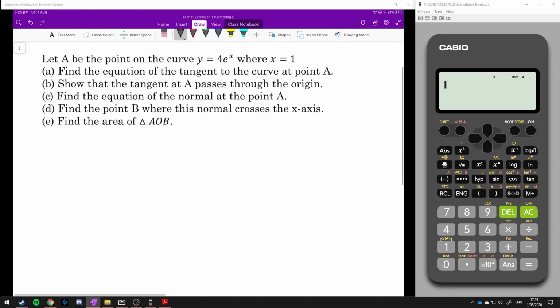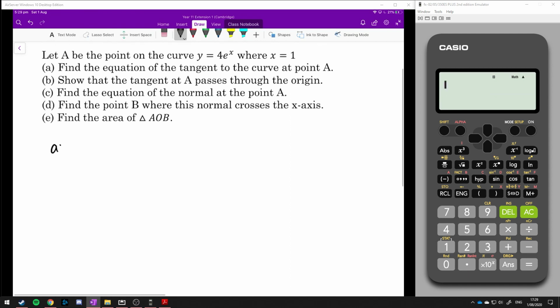So let's have a look at part A. Find the equation of the tangent to the curve at point A. So for a tangent, we need to be able to substitute some values into this equation here. So to do this, we need a point and a gradient, because this is the point gradient form of a line.